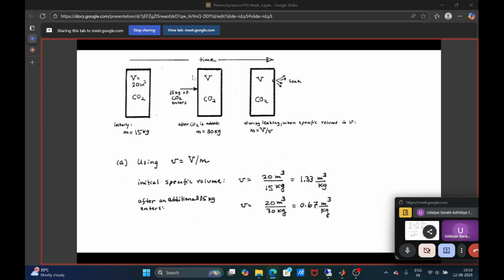Then when you add 15 kgs of CO2, the net mass inside the cylinder becomes 30 kgs, so the specific volume becomes 20 by 30, which equals 0.67 meter cube per kg.